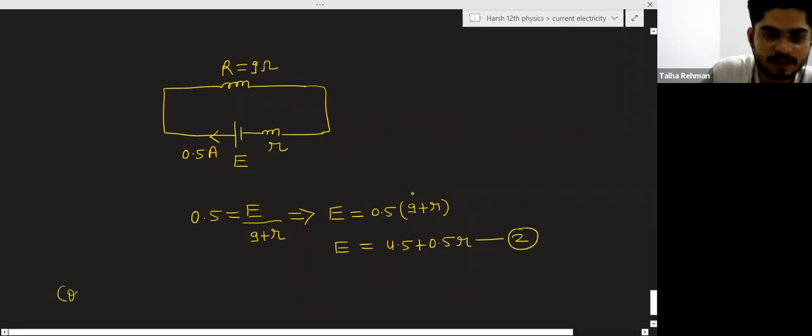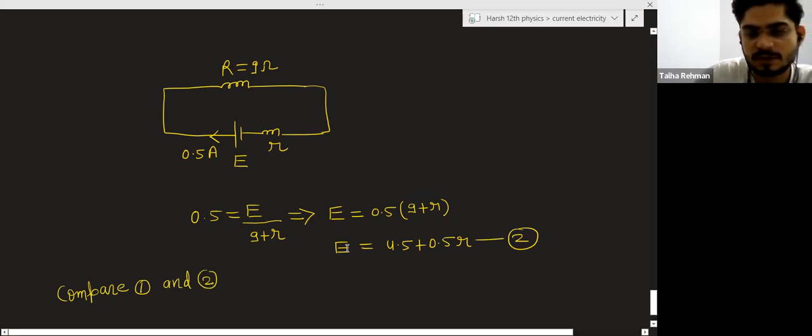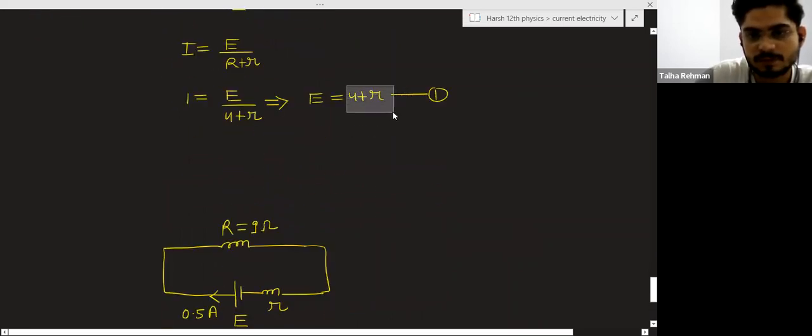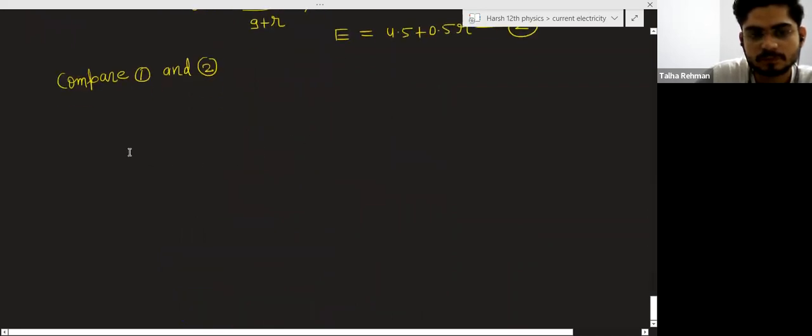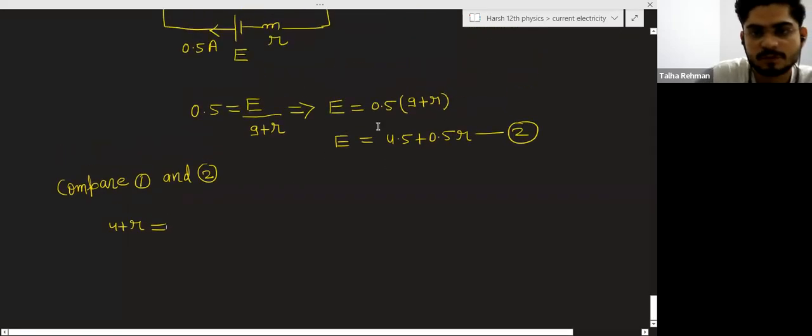And when you compare equation 1 and 2, you can see here this E is equal to this, and this E is equal to this, means this value is equal to this value.